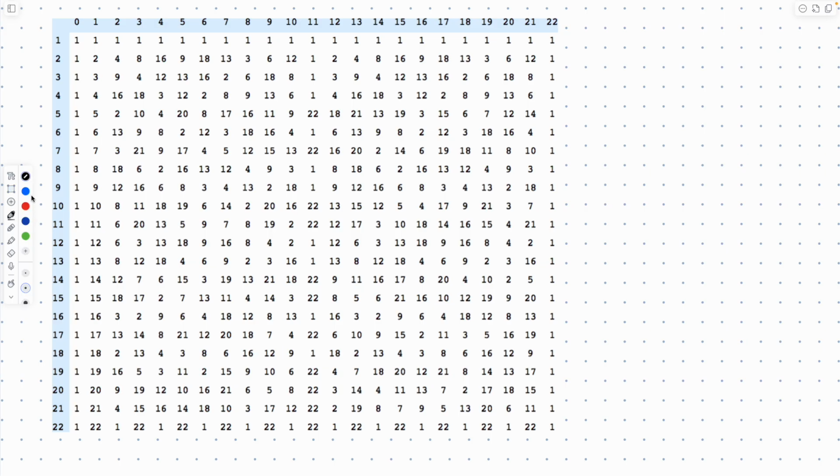So what this table represents is whatever the number is in the row raised to the power of the number in the column, mod 23. Sorry, mod 23, thank you. So it's row to the column mod 23.